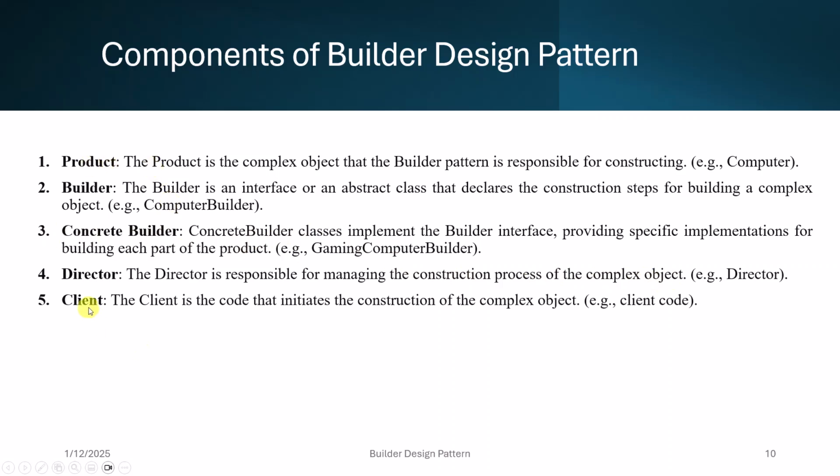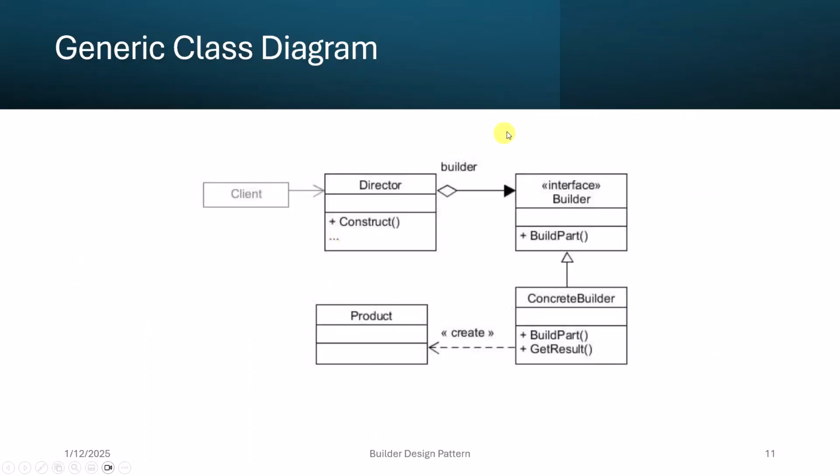And then the fifth component is the client, where we initiate the construction of the complex object. Creating a director component is not necessary, but if we use it, it's good for code management, hiding the details and showing only whatever we need in the client code. So these are the five main components in the builder design pattern. So let's see the generic class diagram here.